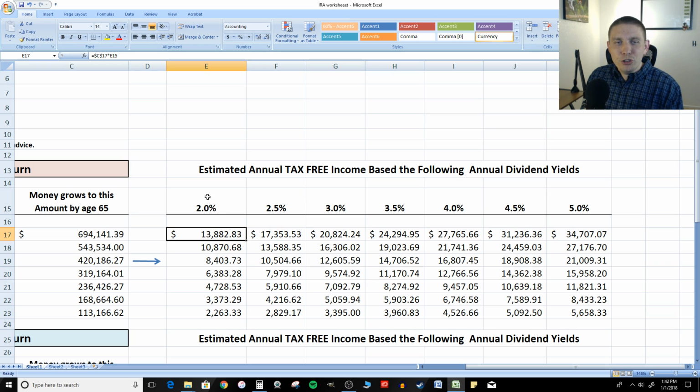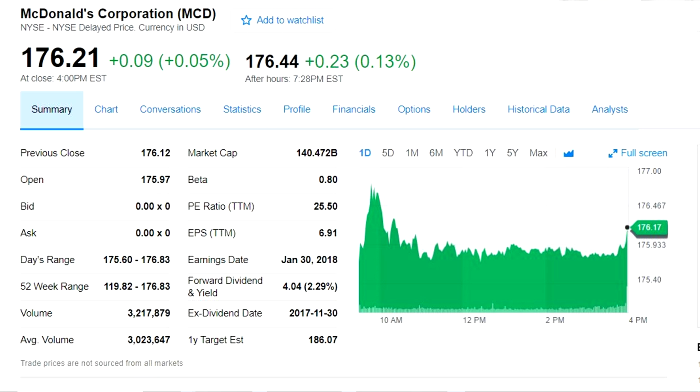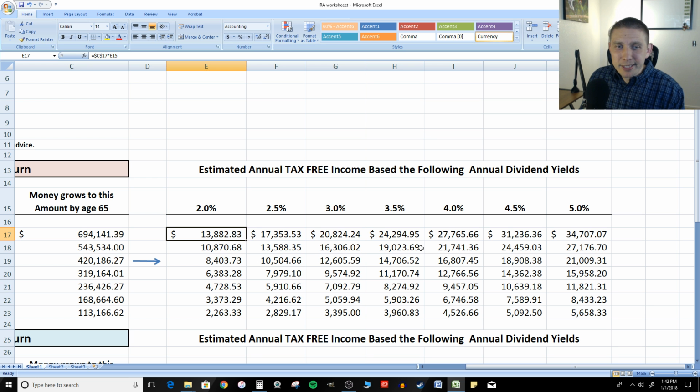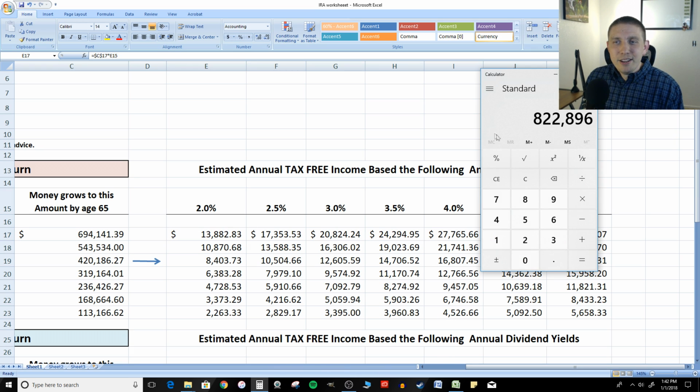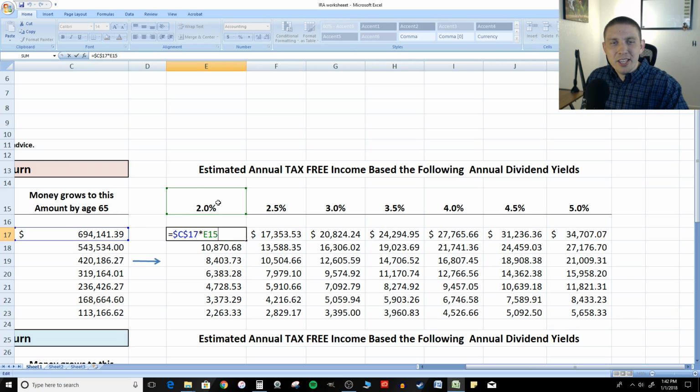Just by getting a 2% dividend yield, and there's tons of stocks out there that could do this, like Microsoft, McDonald's, Coca-Cola, Pepsi, things like that could easily give you a 2% dividend yield or more. It multiplies the 2% yield by the total amount, because that's roughly the yield you'll get on this money.